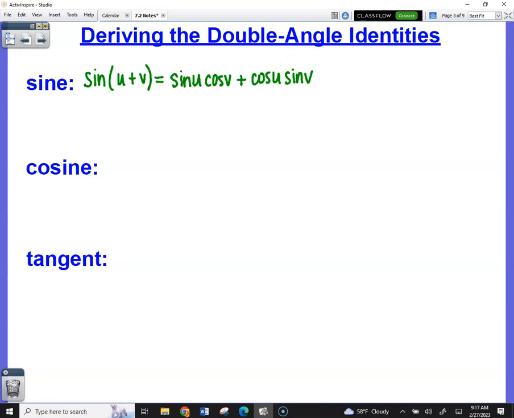So that's me just copying the formula from 7-1. All right, now I'm going to show you how to apply it.